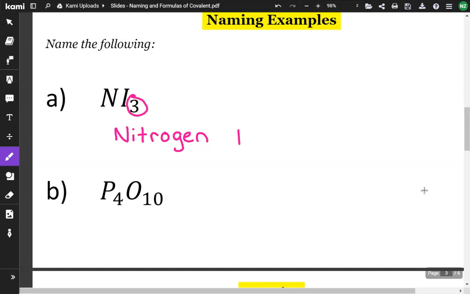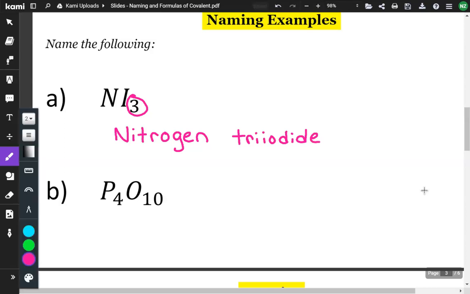The prefix for 3 is tri, and then iodine becomes iodide. Now you're looking at this and you're like, hold on a second, we got 2 I's next to each other like that. That can't be okay. It's okay. Triiodide, when we have 2 I's next to each other, that is okay. It's only when we have the double O or the A and an O next to each other.